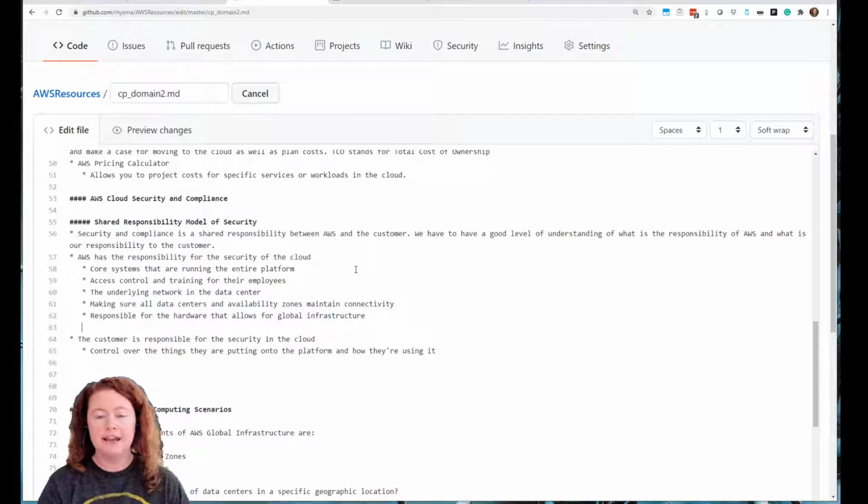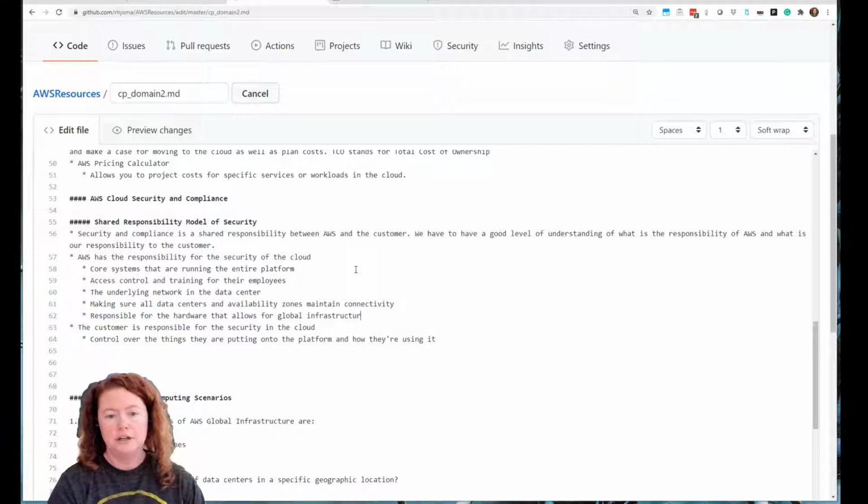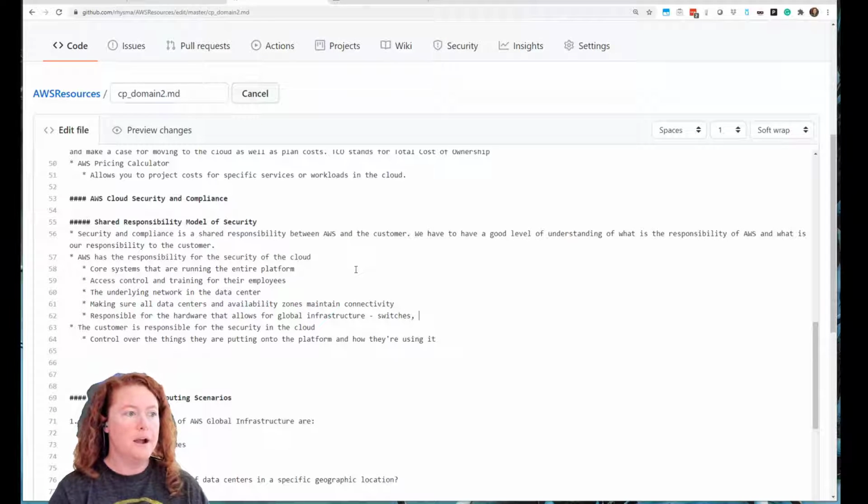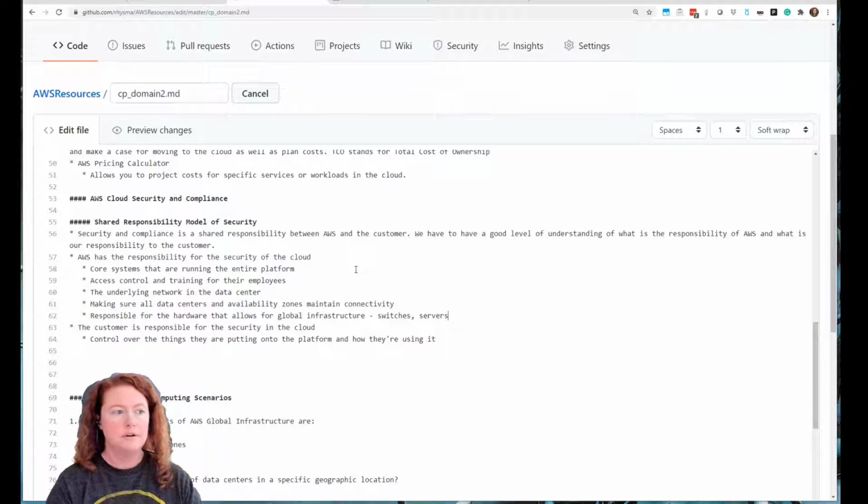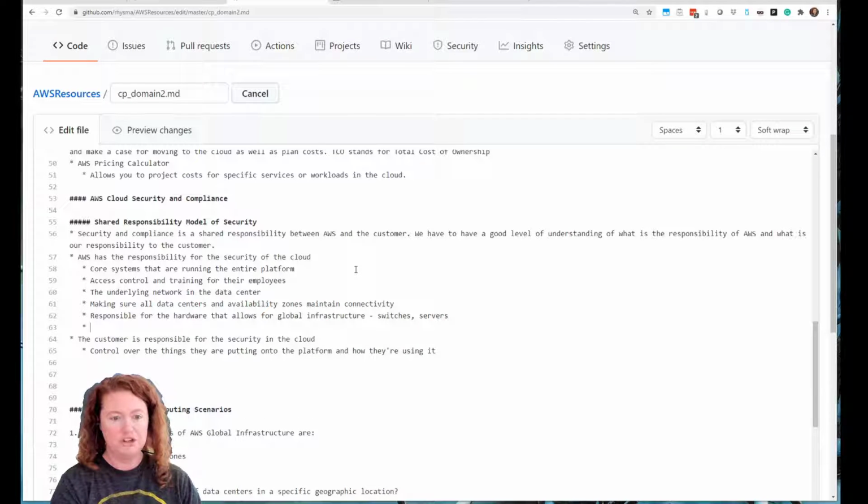So they're going to take care of the switches, the servers, and they're going to be responsible for configuration management.